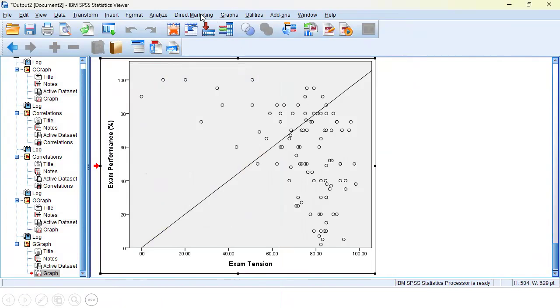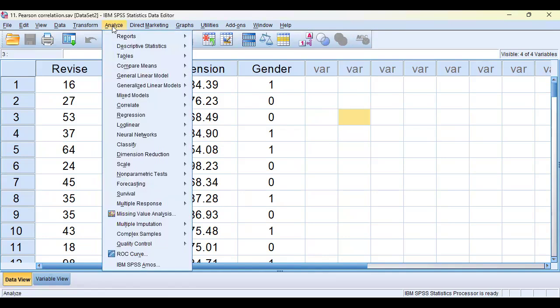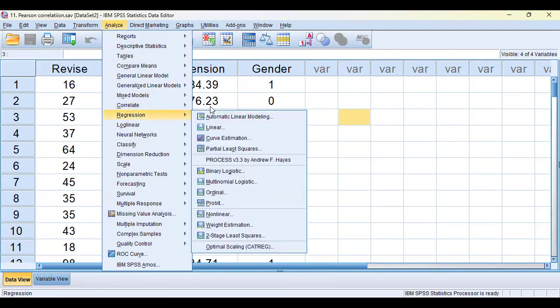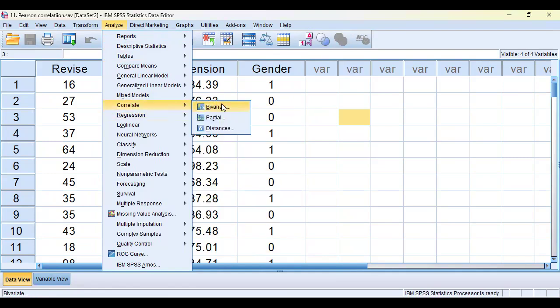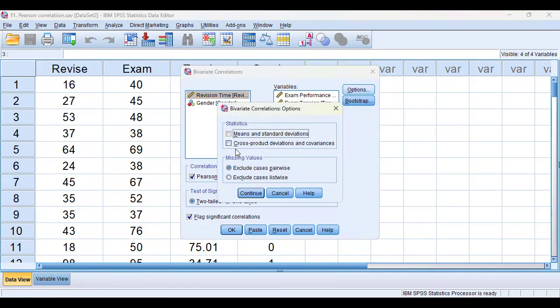Now we take the other relationship, gender also. So analyze, then correlation, bivariate, then exclude.